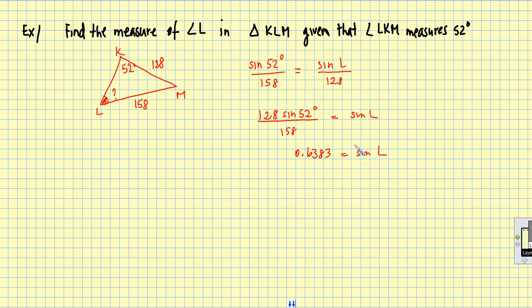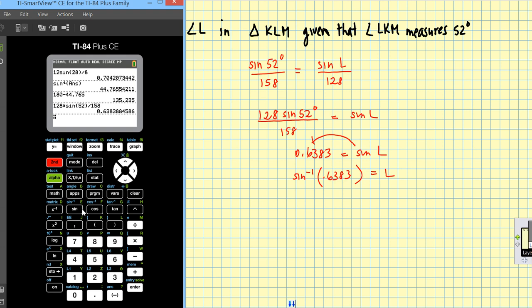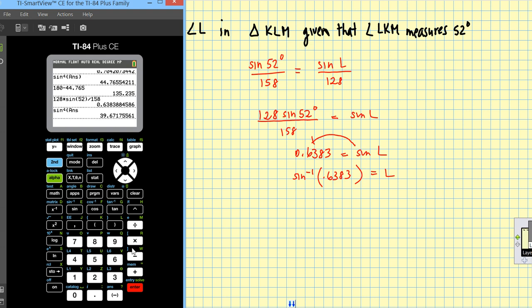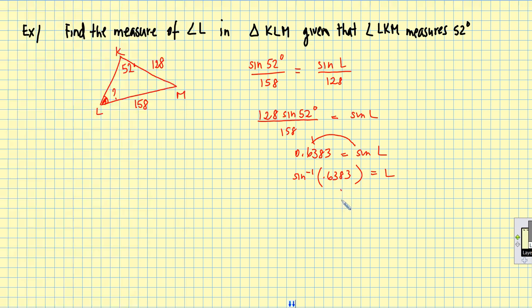Now, to figure out the value of angle L, it is the sine inverse of 0.6383. With the calculator, I go to second function, sine, and the answer turns out to be 39.7. So angle L is 39.7 as an acute angle.